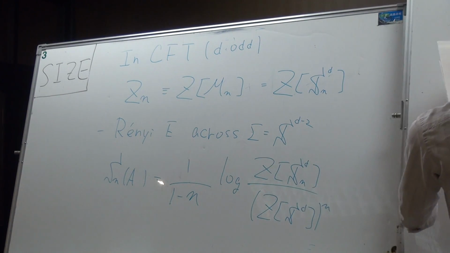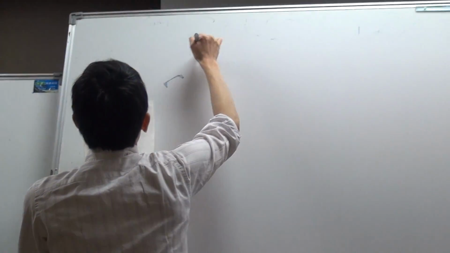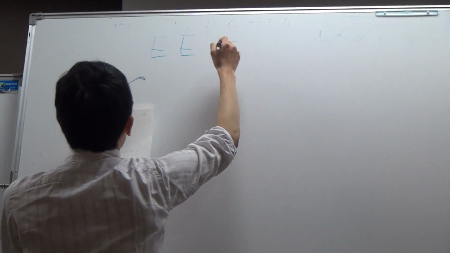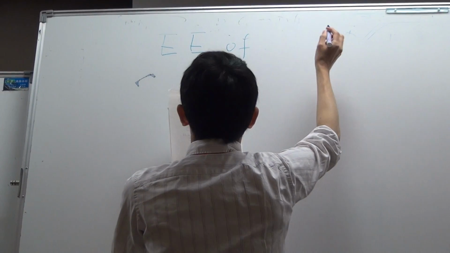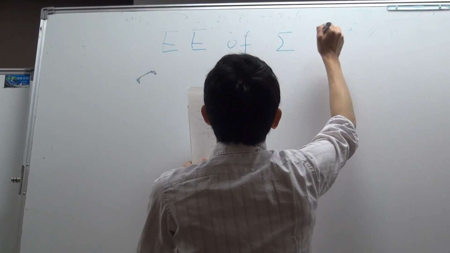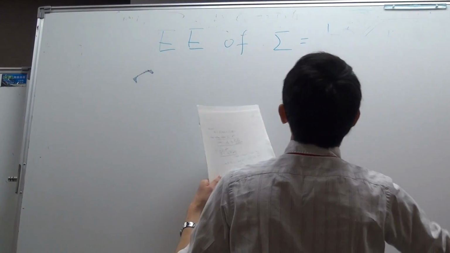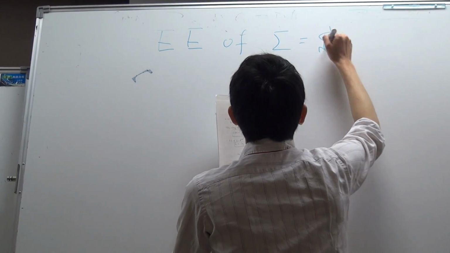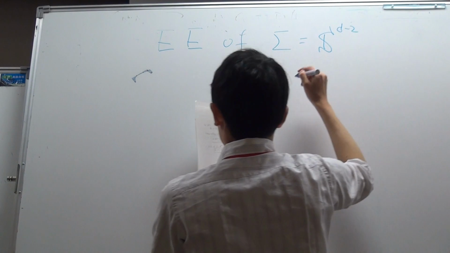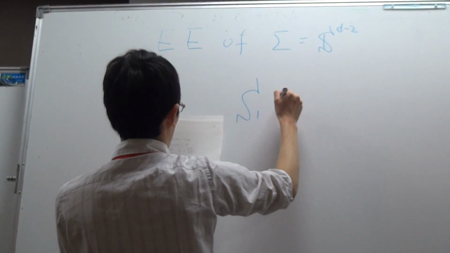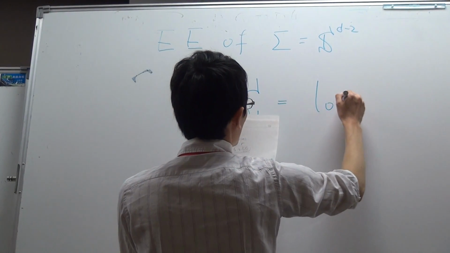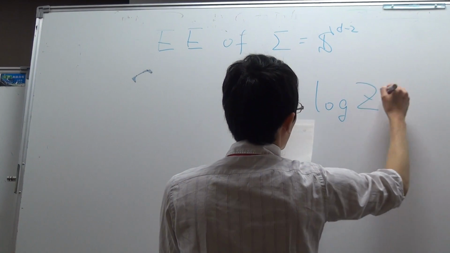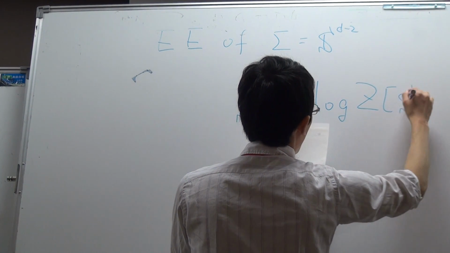And after taking the n goes to 1 limit, what we get is that the entanglement entropy across a sphere is equal to log of the partition function on the round sphere.